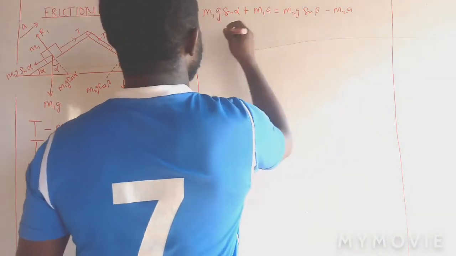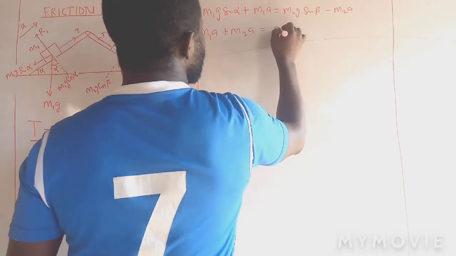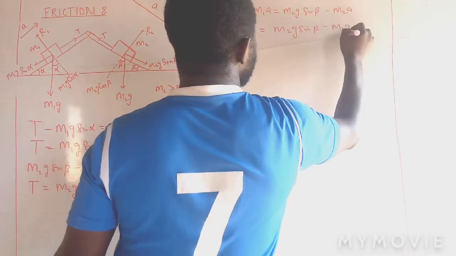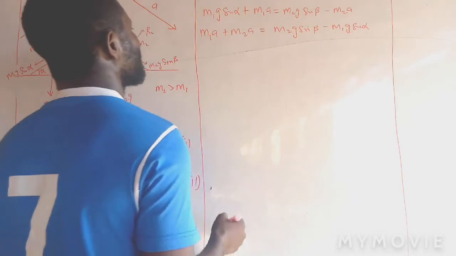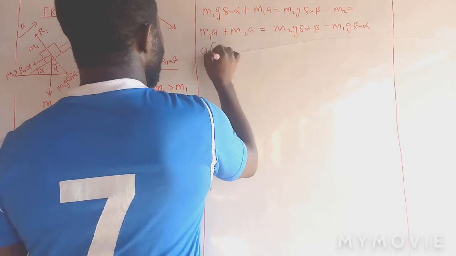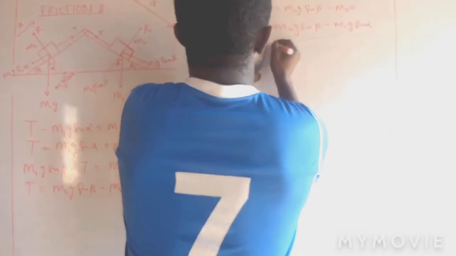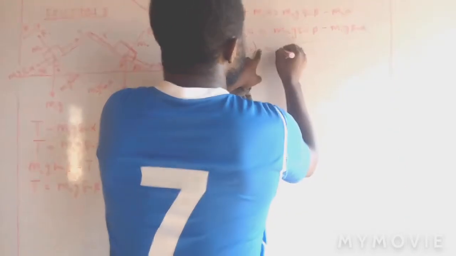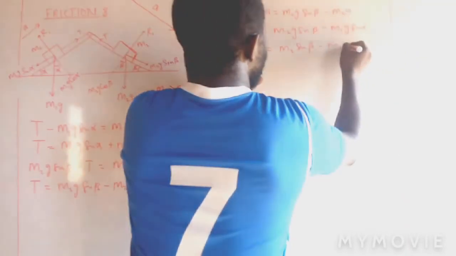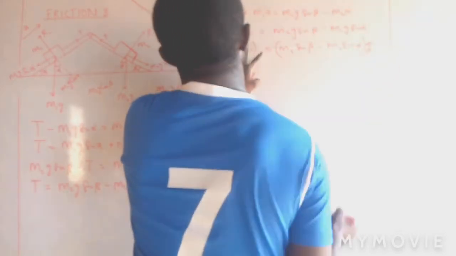If I bring this one here, I will have m1a plus m2a is equal to m2g sine beta minus m1g sine alpha. So a is common here, so I have a into bracket m1 plus m2, which is equal to m2 sine beta minus m1 sine alpha, all into bracket g.